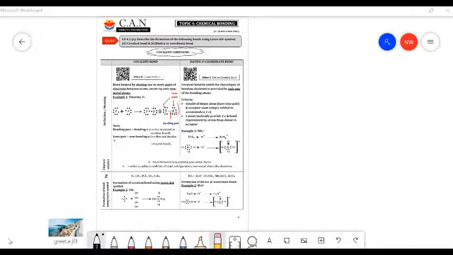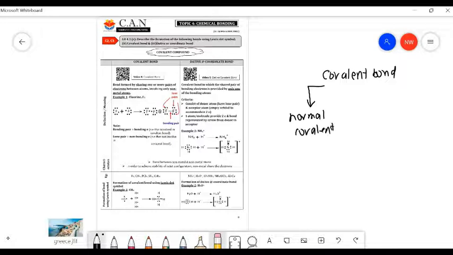So now let's see the other formations of bond using Lewis dot symbol for covalent and also for dative or coordinate bond. As you know, untuk covalent bond sebenarnya dia terbahagi kepada dua, which is normal covalent bond and also kita punya dative bond.